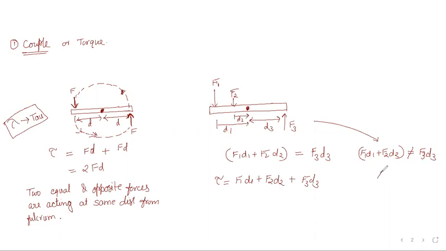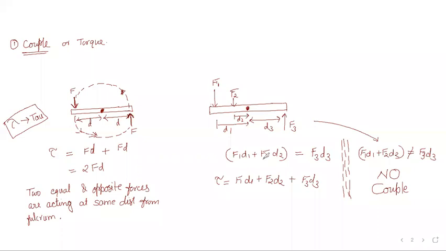We directly say that there is no couple, no torque is acting on it. Reason: if I compare the two cases, whatever moment these two are creating, exactly equal moment this is also creating.